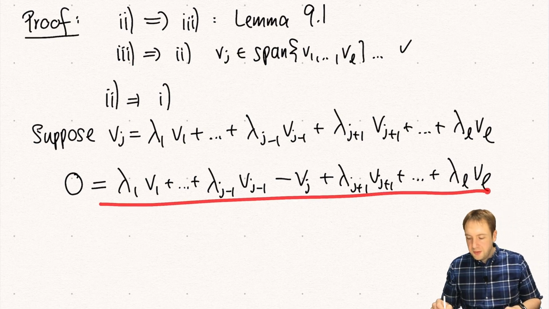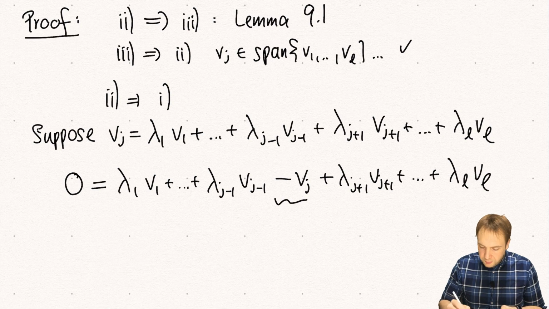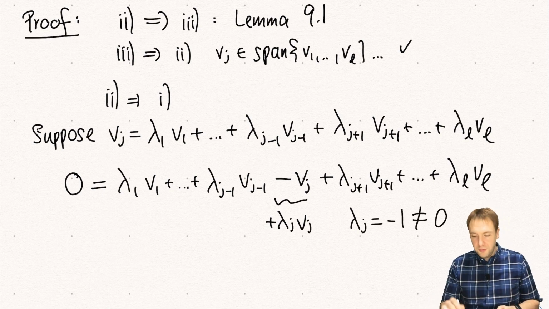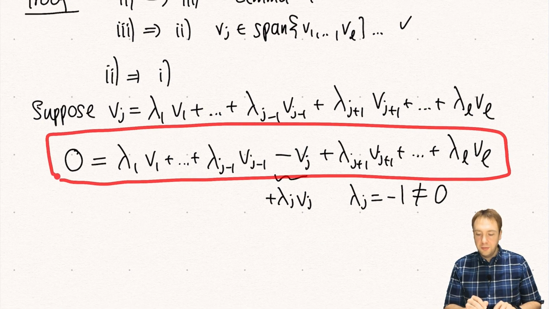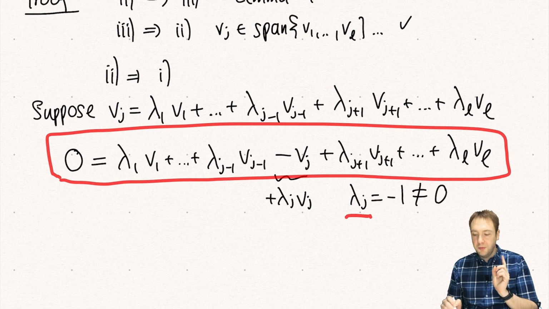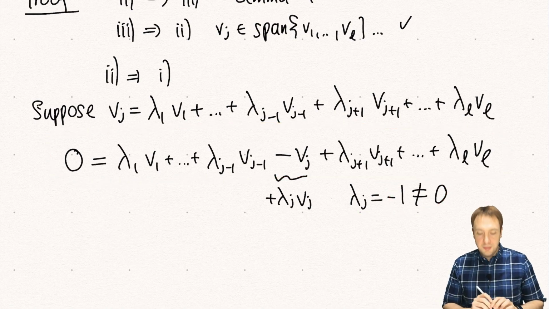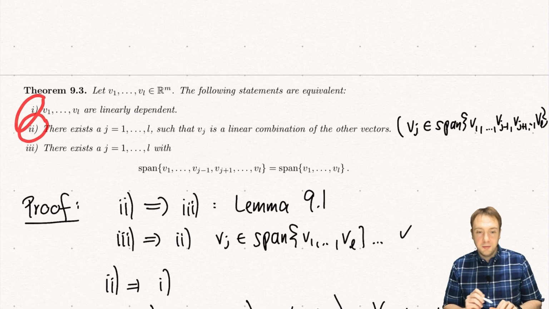This is now a linear combination of all vectors, and the vj part we could write as lambda j times vj, where lambda j is minus 1. In particular, minus 1 is not 0. So we have a linear combination of all vectors where at least one coefficient is not 0, and therefore all vectors are linearly dependent. Therefore statement 2 implies statement 1.